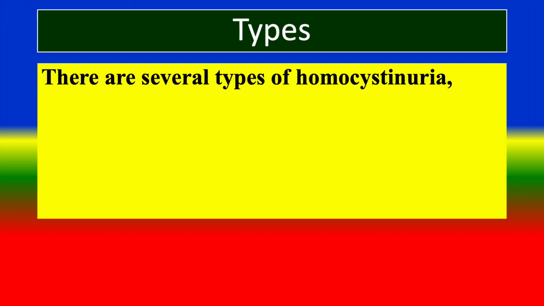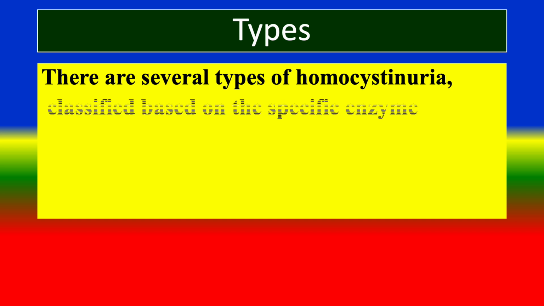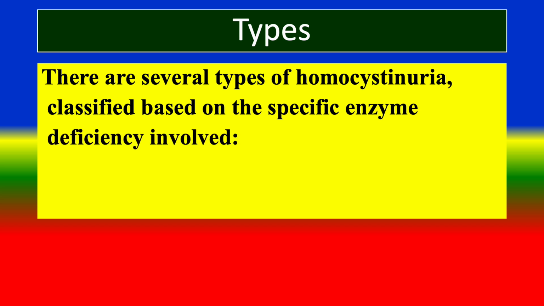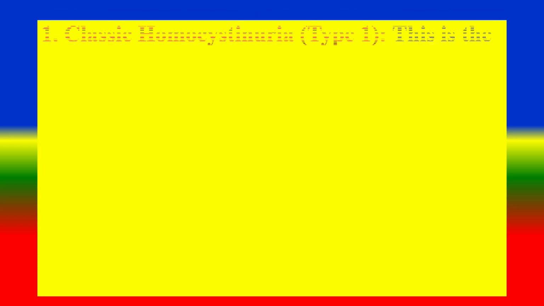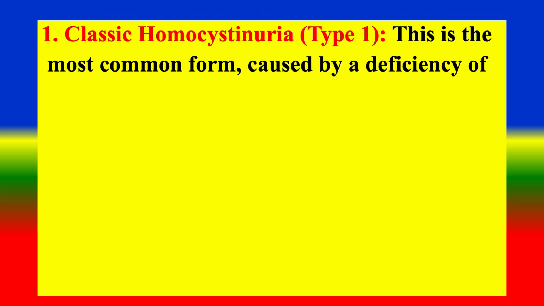Types. There are several types of homocystinuria classified based on the specific enzyme deficiency involved. 1. Classic homocystinuria, type 1.